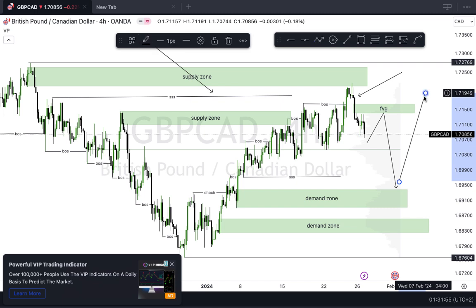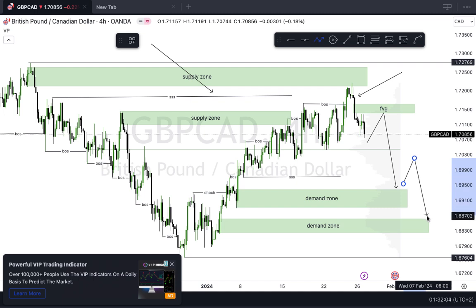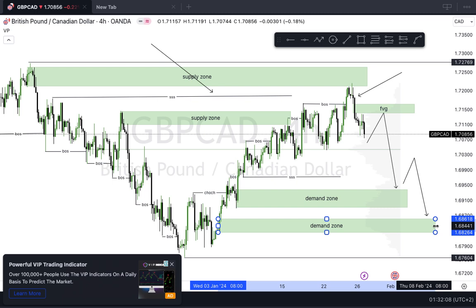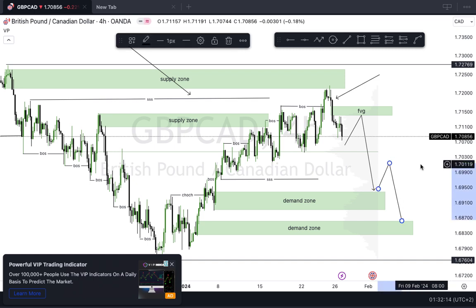But with me, I'm going to be targeting the extreme demand zone, which is this one here. This is where I'm expecting to take my profit, you understand. I'm targeting that extreme demand zone.